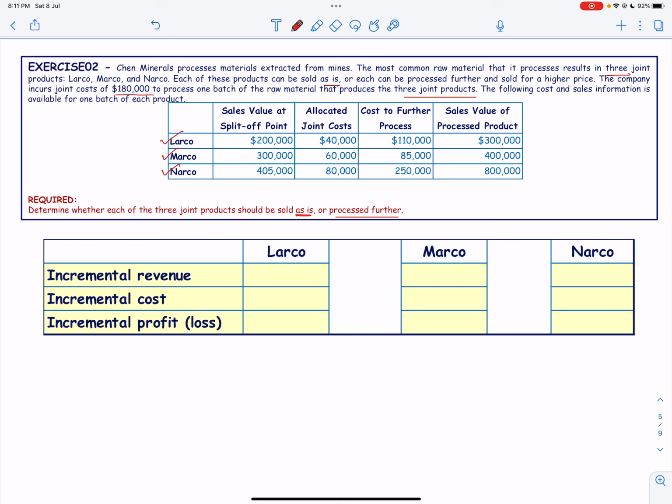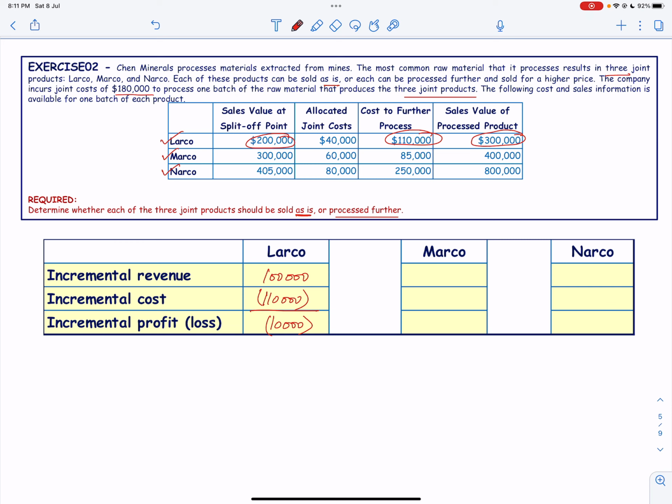So the incremental revenue for Larco will be 300,000 minus 200,000, that is equal to 100,000. And the incremental cost is 110,000. So there is an incremental loss of 10,000 if we process further.